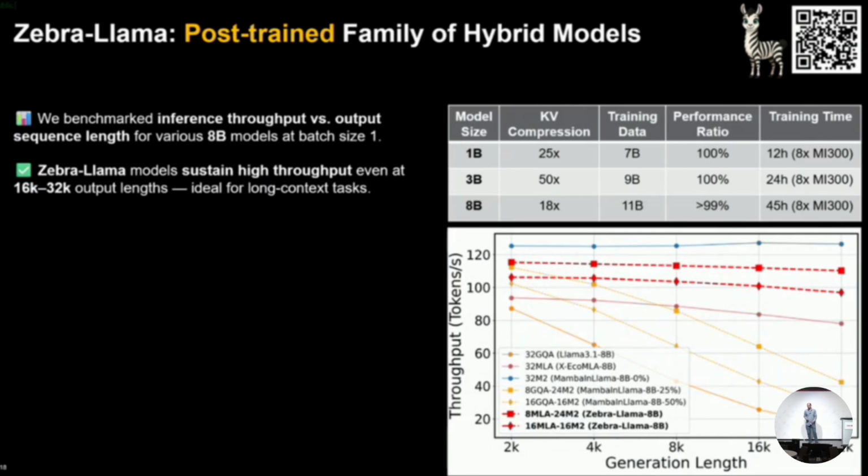In terms of throughput, you can see the plot. The red dashed lines are the Zebra Llama 8B models, and across different generation lengths we have a consistent throughput compared with even other hybrid models like Mamba in Llama.